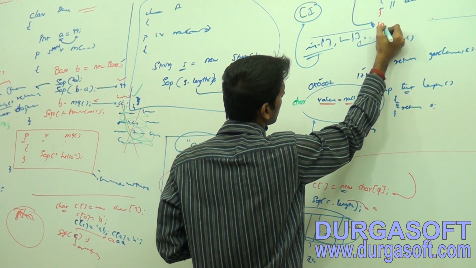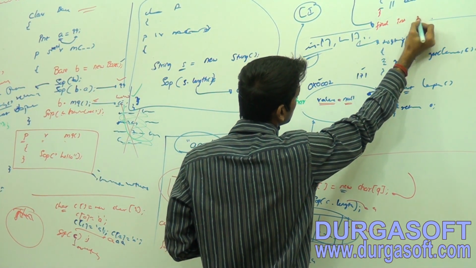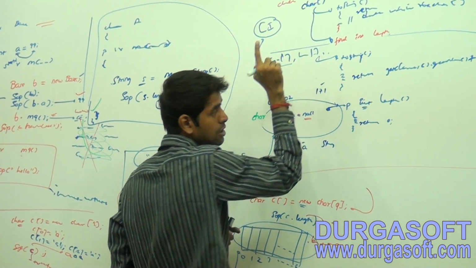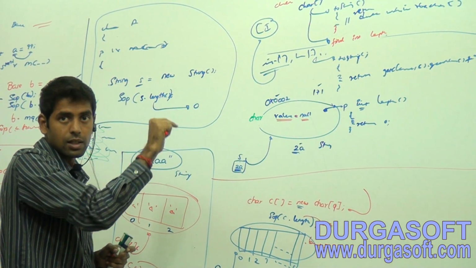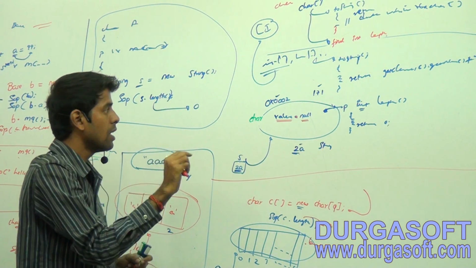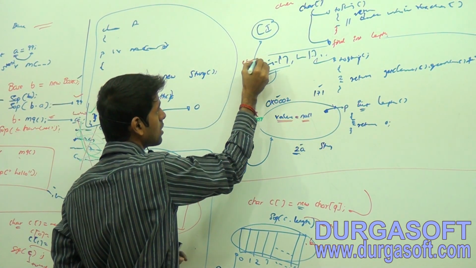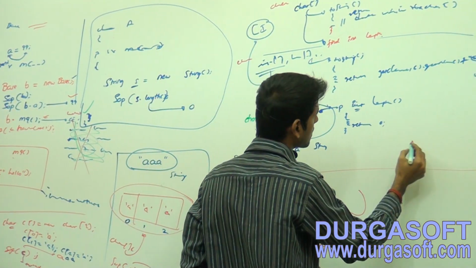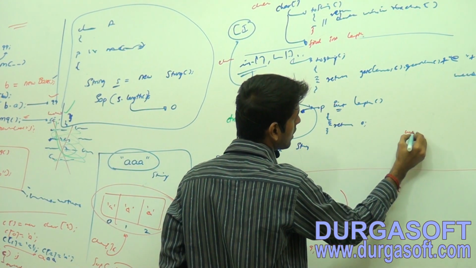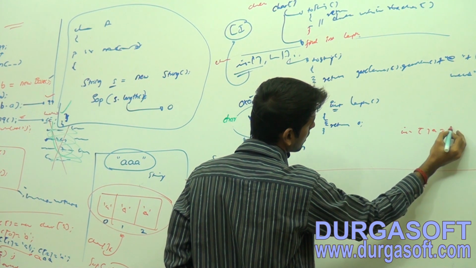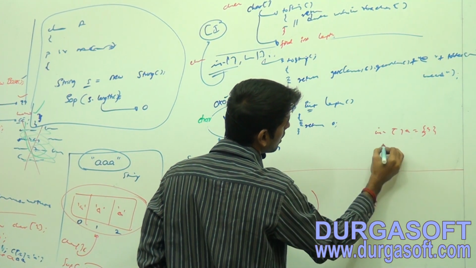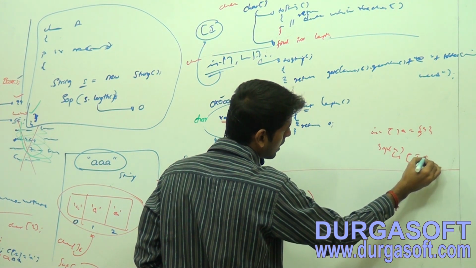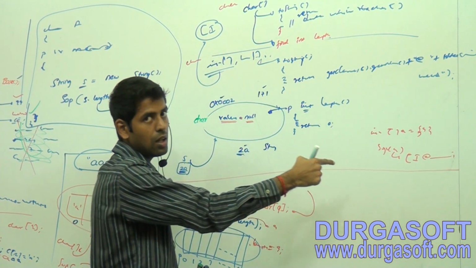Final int length. Now this char array is a class, friends, and that's why even int array is also a class. That's why, in the earlier case, if I create an int array a and pass SOP of a, it gives square brace I followed by a hexadecimal hash code.